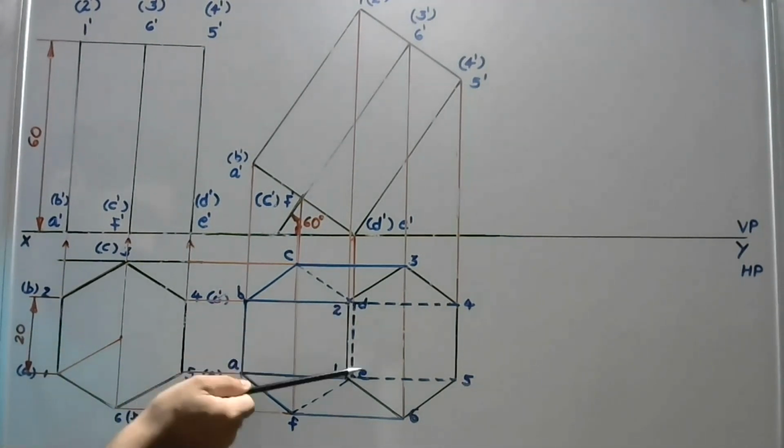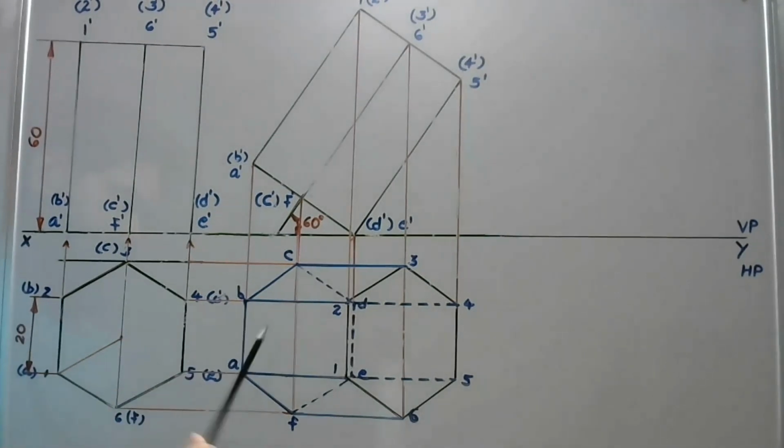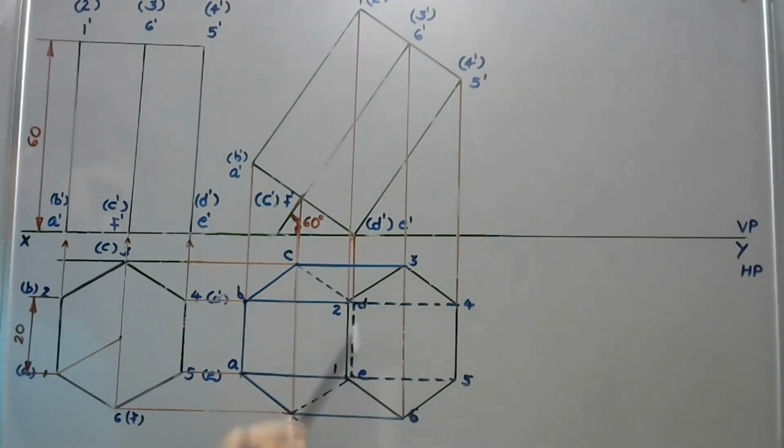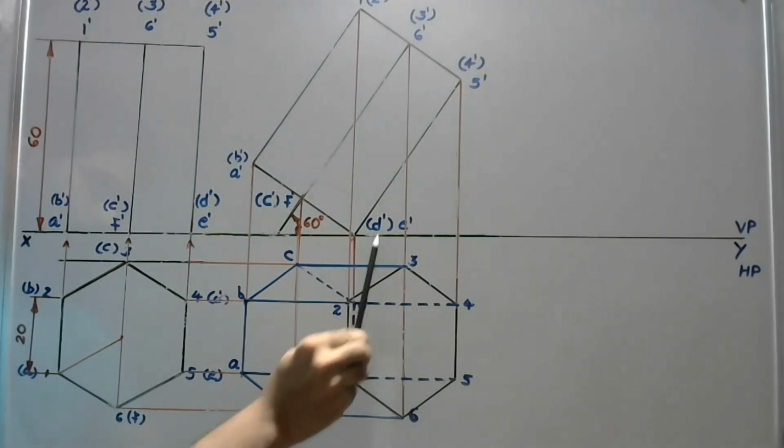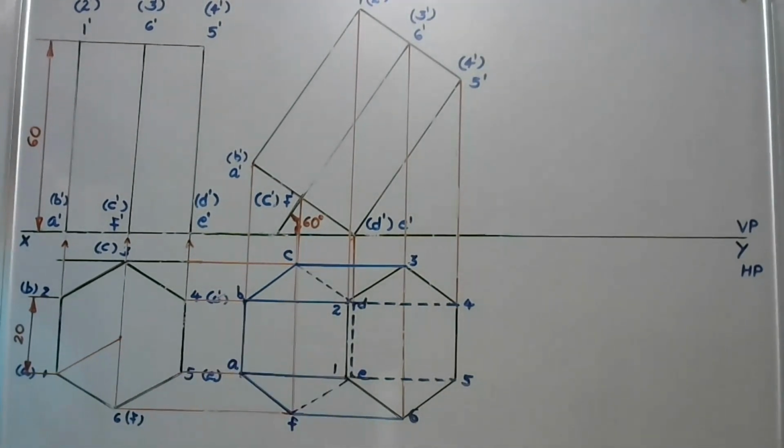Now the resting base edge is perpendicular with VP. We are looking DE, the projection line making 90 degree with VP. So that as per the condition, the resting base edge is inclined to 40 degree.